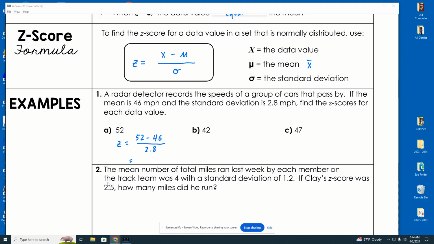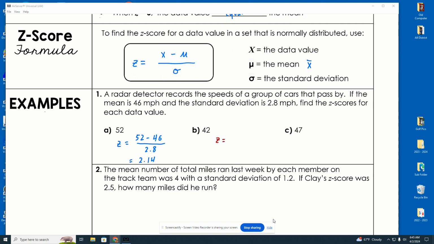Grab your calculator and type this in. In this particular problem, 52 is clearly above 46, so the z-score here will be positive. Hopefully you calculated 2.14. So 52 was 2.14 standard deviations away from the mean. That's how you would say that, okay? Very simple calculation. Hopefully you guys agree.